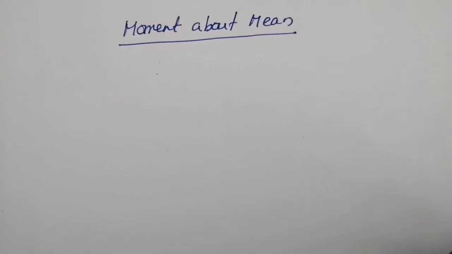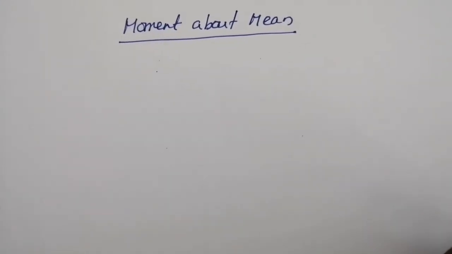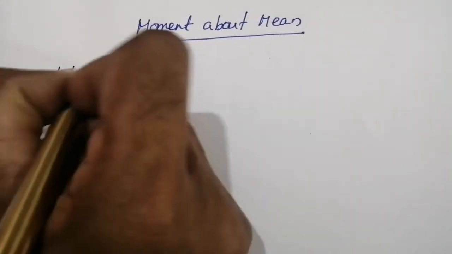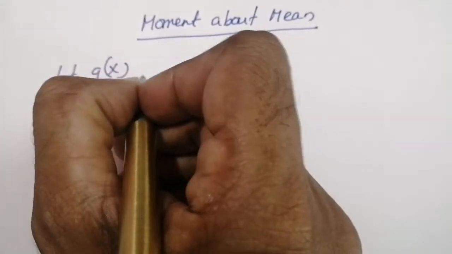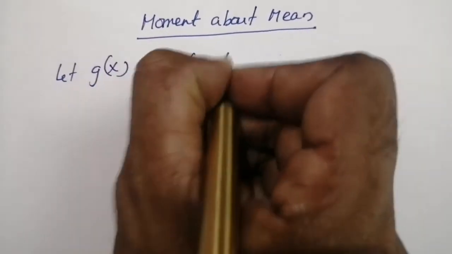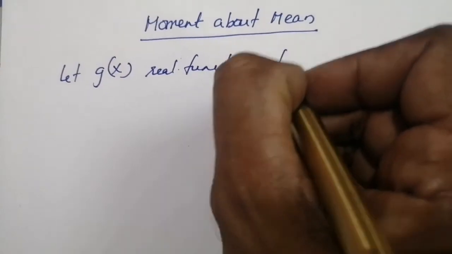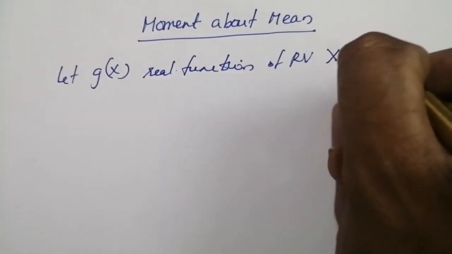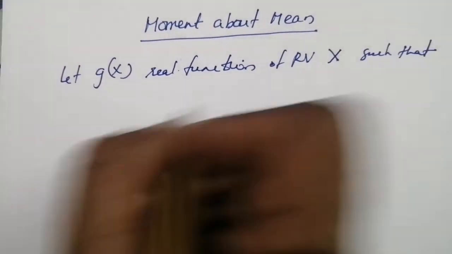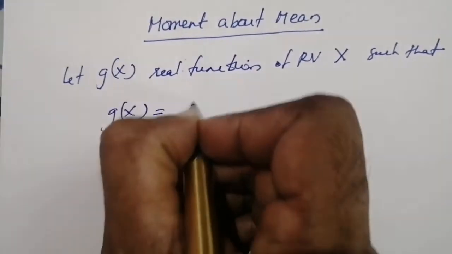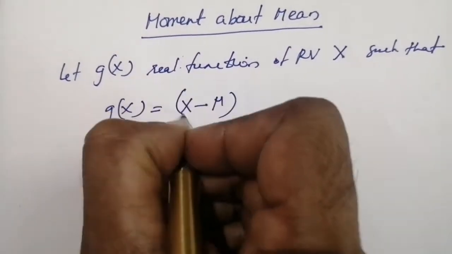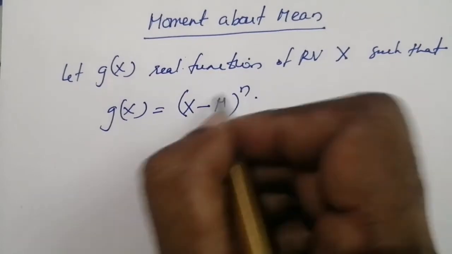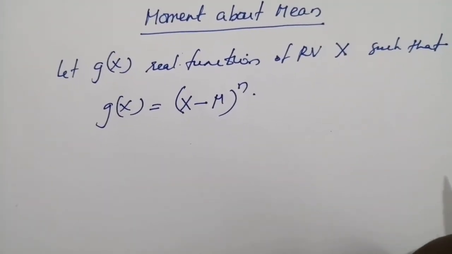Now we will discuss moment about the mean. Again, let g of x be a real function of random variable x such that g of x equals (x minus mu) the whole raised to n, where mu is the mean value of the random variable x.